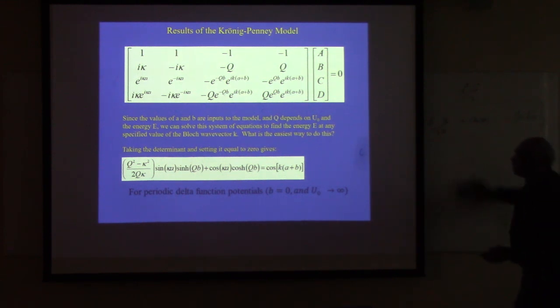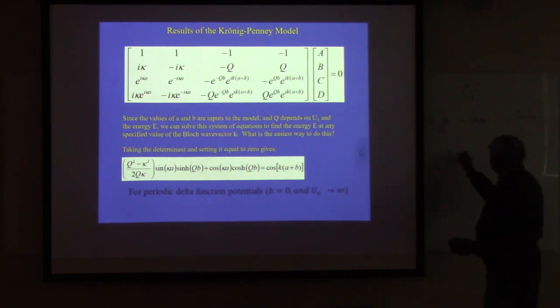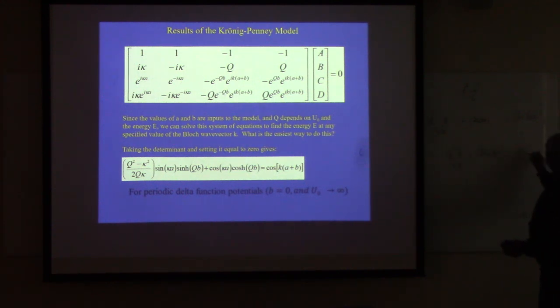Then we can write q squared b divided by 2 kappa, plus cosine kappa a, equals cosine Ka. This is important.